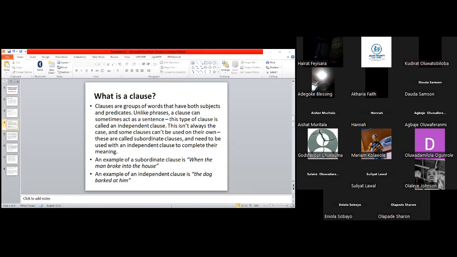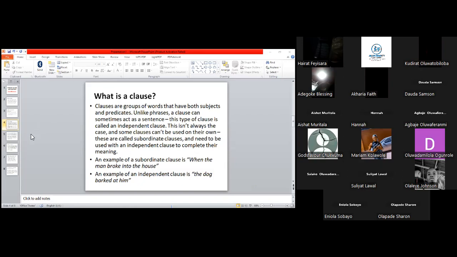Or we can say, when the man broke into the house, the dog barked at him. Joining both together, you realize that we have broader information, more on what the independent clause has given us, and more to complete what the subordinate clause intended to give us.